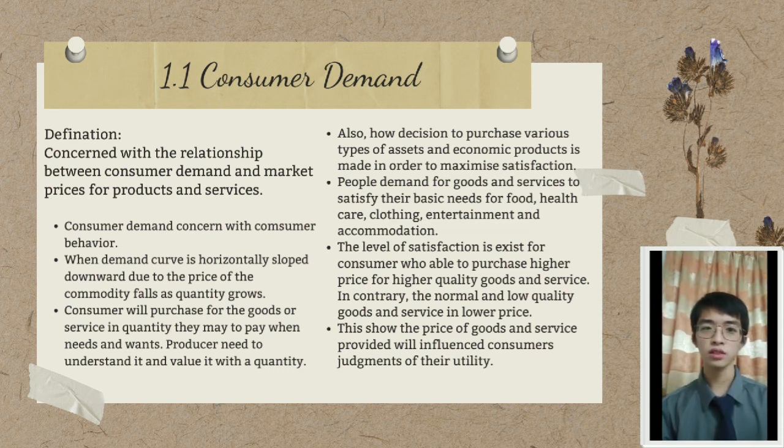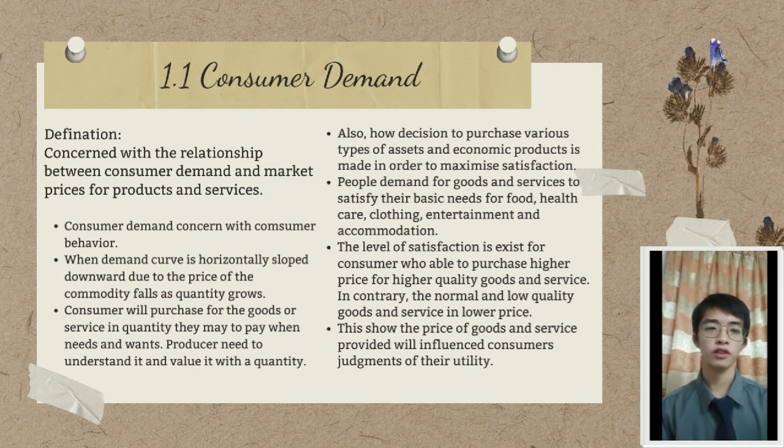Also, how decisions to purchase various types of assets and economic products are made in order to maximize satisfaction. People demand goods and services to satisfy their basic needs for food, healthcare, clothing, entertainment, and accommodation.